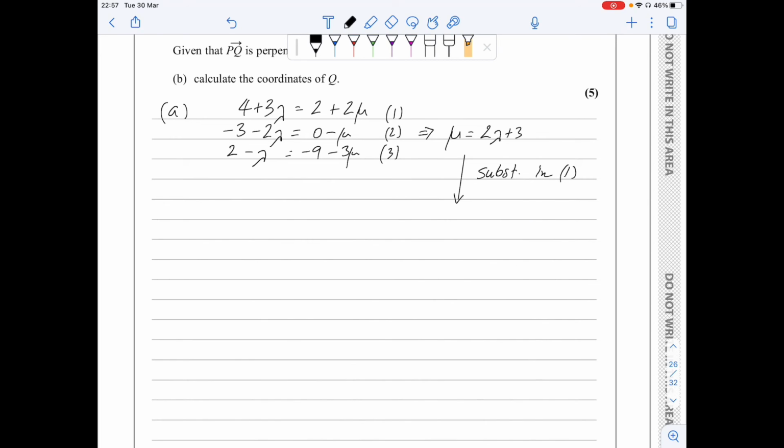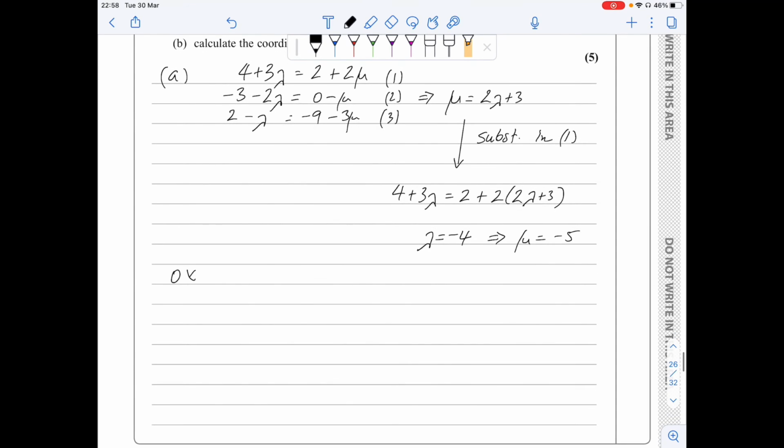So I will get 4 plus 3 lambda equals 2 plus 2 times (2 lambda plus 3). This will give me a lambda value of -4 and a value of mu which is equal to -5.